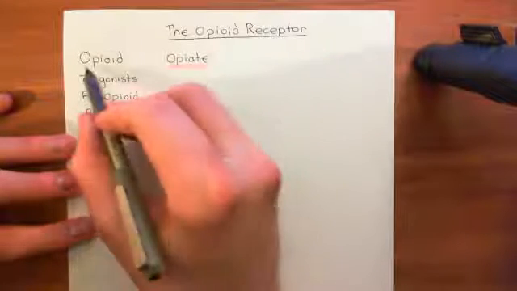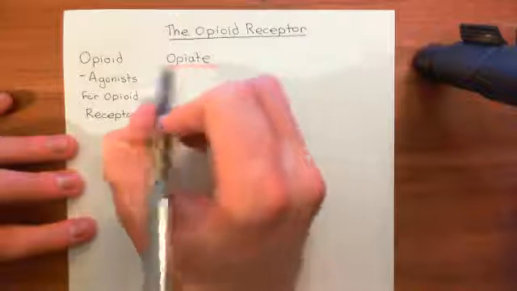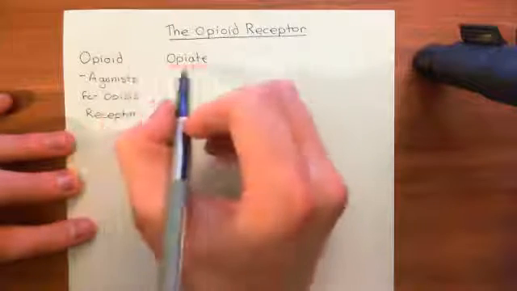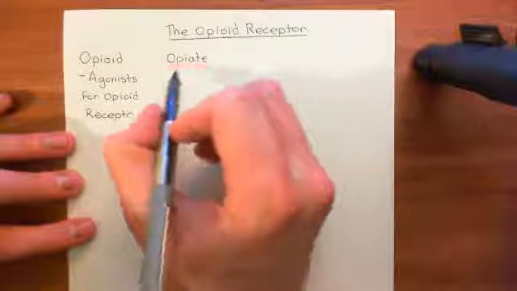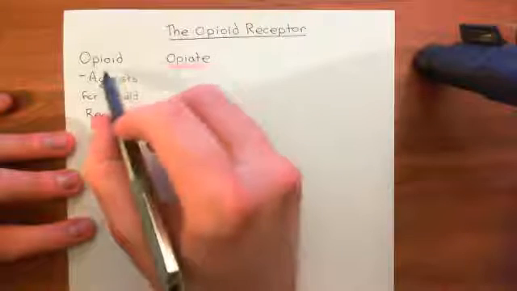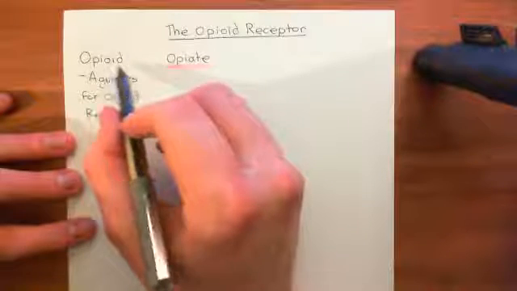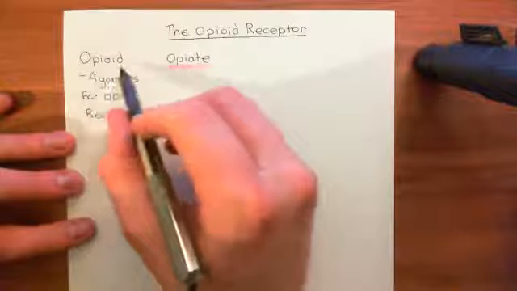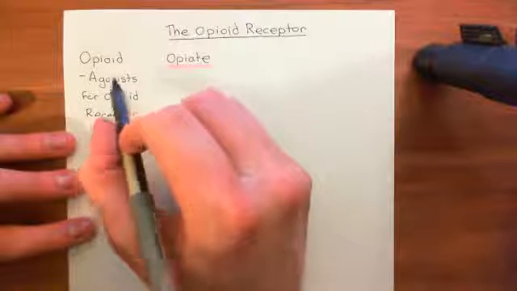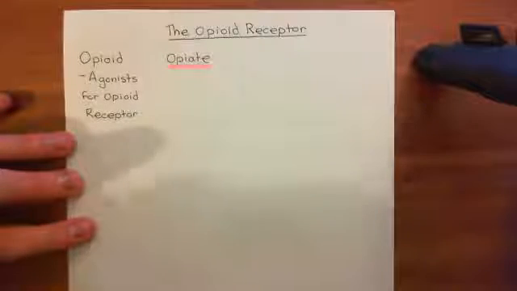So not all opioids are opiates, and not all opiates are necessarily opioids. You can have structures which are similar chemically to morphine, but which don't activate opioid receptors. Similarly, you can have proteins, for instance, which are opioids and activate opioid receptors, but they don't have any similar chemical structure to opiates.